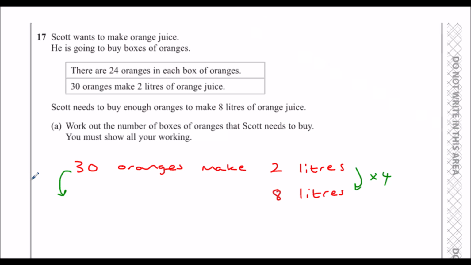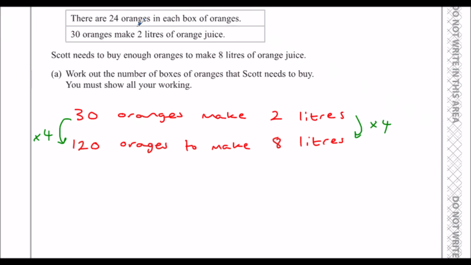For 8 liters, 4 lots of 30. So 4 3s are 12. 4 30s are 120. So he needs 120 oranges to make 8 liters. So Scott needs to buy 120 oranges. That's what he needs to buy.